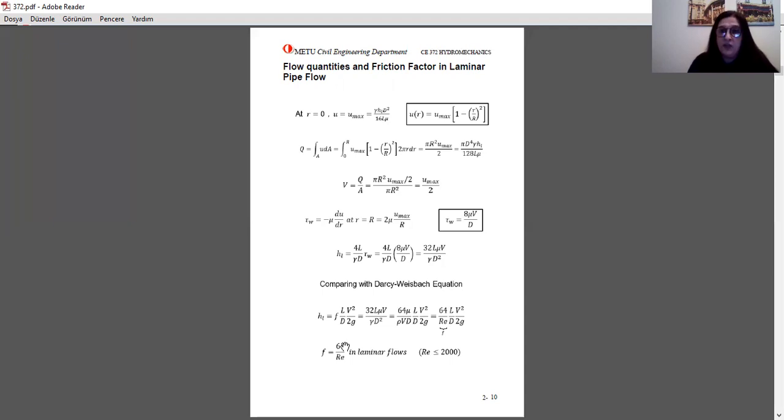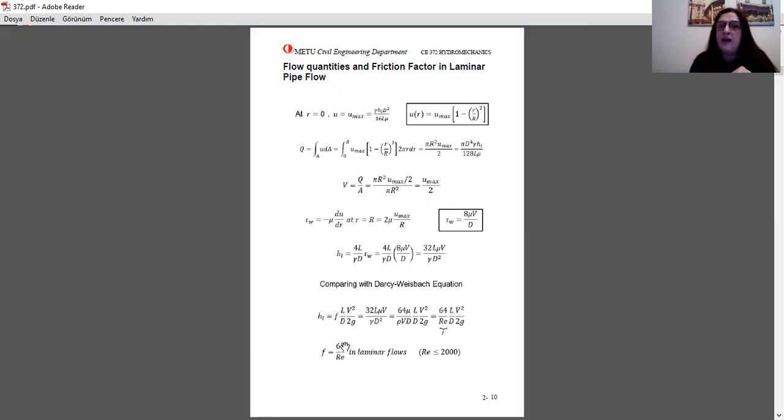After you find your Reynolds number, depending on its value, we conclude whether the flow is laminar or turbulent. If your Reynolds number is less than or equal to 2000, we call it laminar flow. If it is greater than or equal to 4000, we call it turbulent flow. In between, it is named transition flow, as we know.